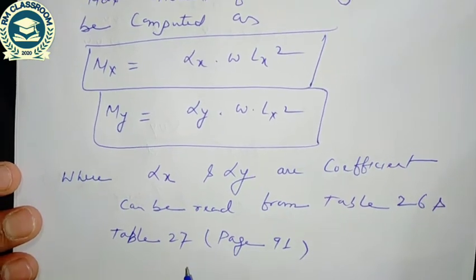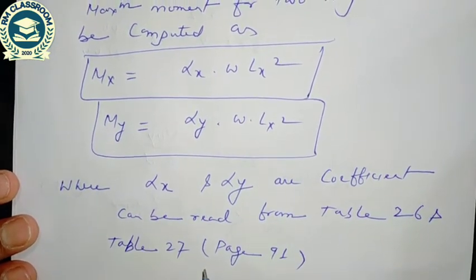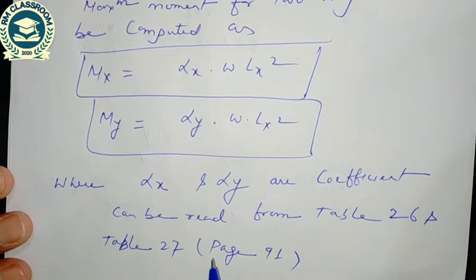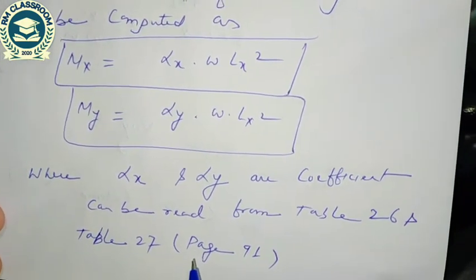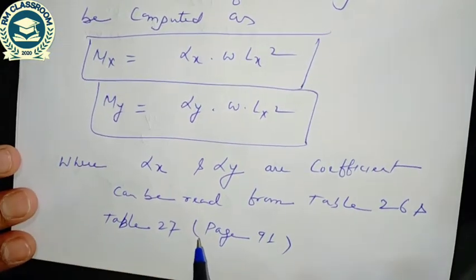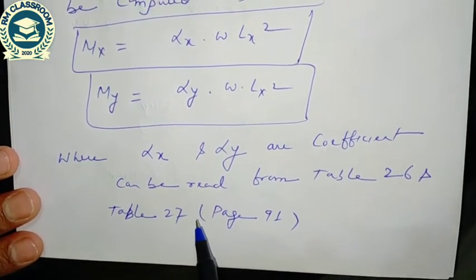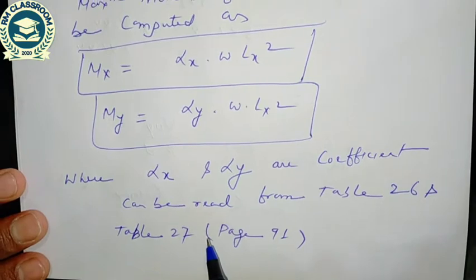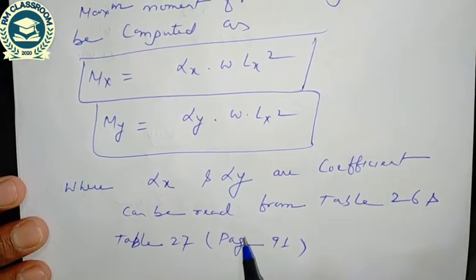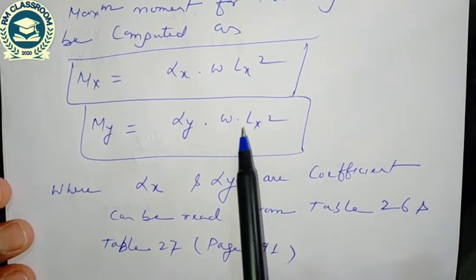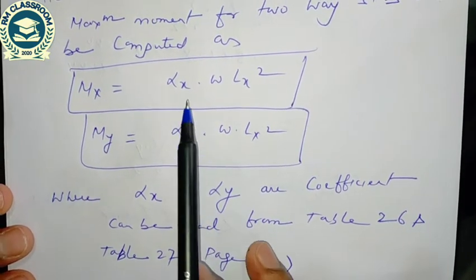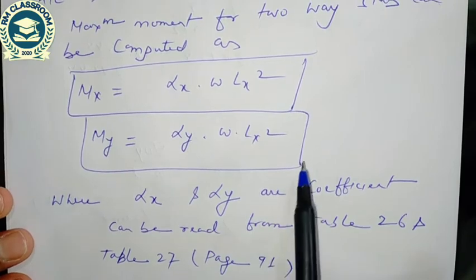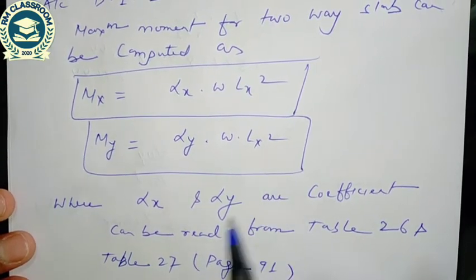Table 26 gives bending moment coefficients for a rectangular panel supported on 4 sides with provision for torsion at corners, and table 27 gives bending moment coefficients for slabs spanning in 2 directions at right angles simply supported on 4 sides. With the help of various span ratios, the bending moment coefficients alpha x and alpha y are suggested by the code for 9 panels.